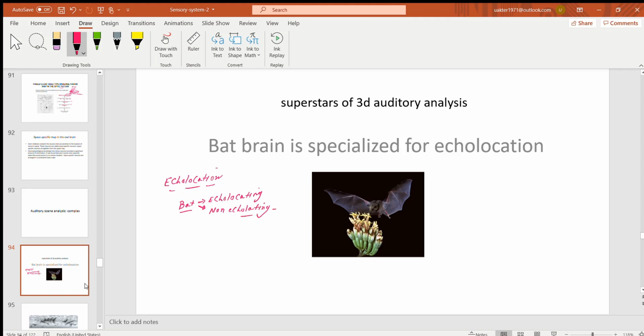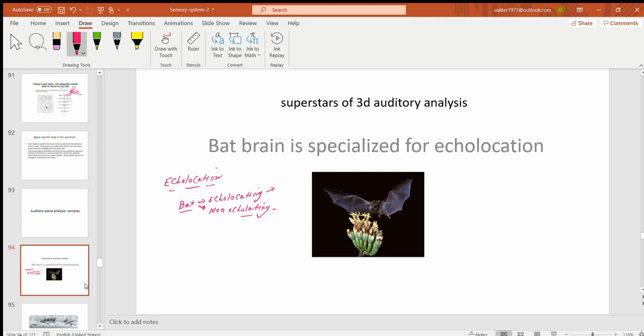For example, fruit-eating bats. There are many different names of bats. You will see nose-leaf bats, fruit-eating bats, fox bats, or vampire bats. All those interesting names you will see, and some of them use echolocation, not all of them.